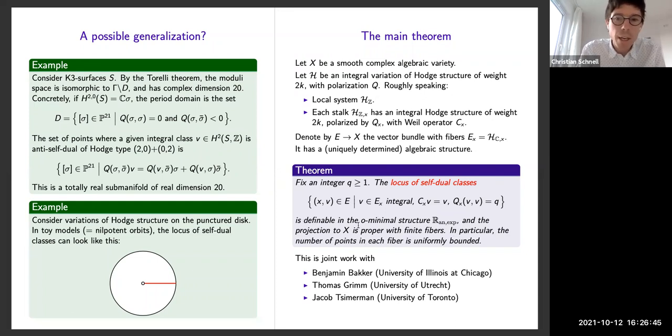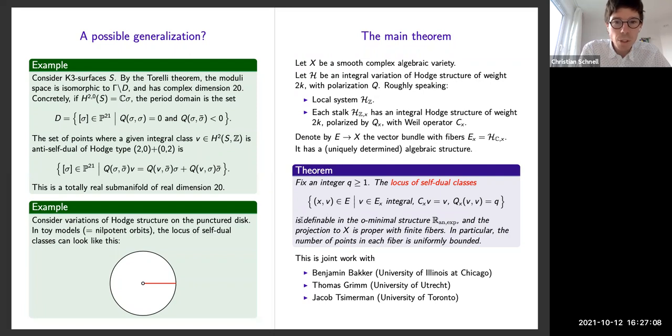And by the same argument as before, the easy part that I showed you, the projection down to X still has finite fibers, because when we control this pairing for self-dual classes, we're controlling the norm. And it's also proper, okay? And then the thing that happens with these o-minimal structures is that you get very strong finiteness statements.